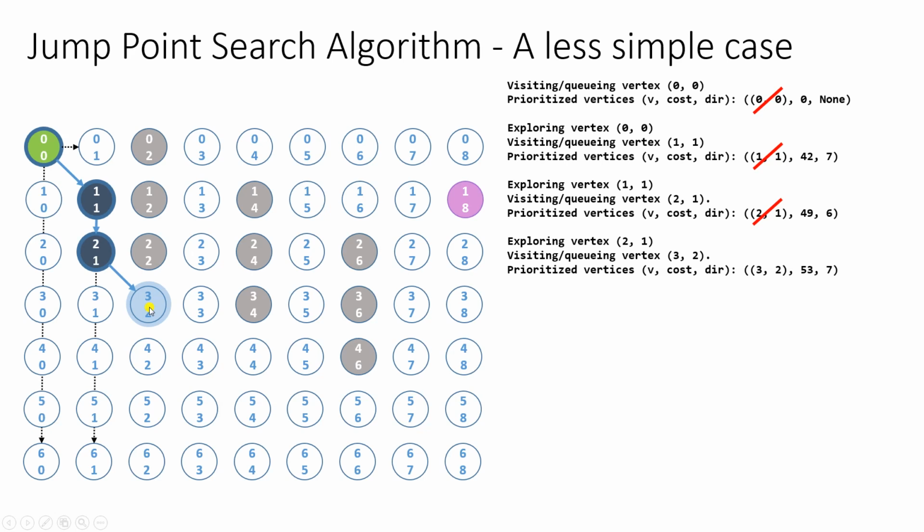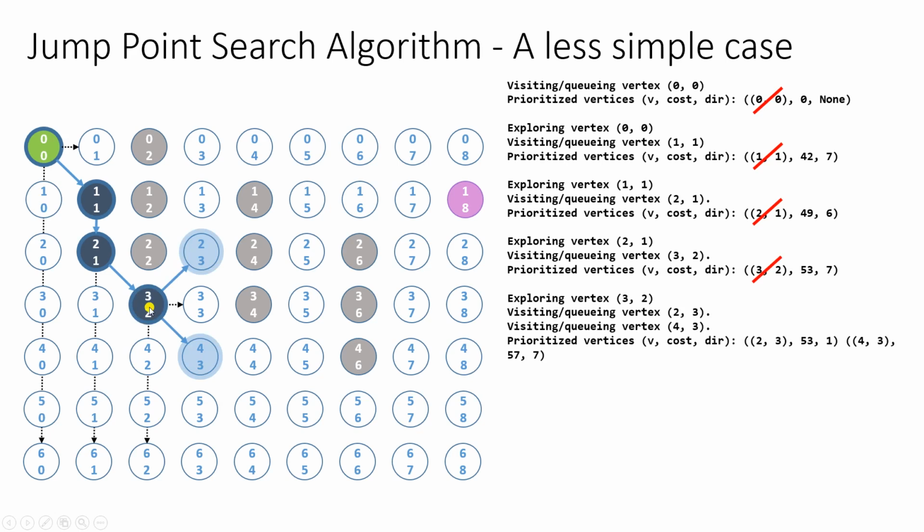Let's do that. Let's open the vertex 3, 2, and now we can see before we went diagonally left and down, and diagonally right and up. Diagonally right and down and diagonally right and up.